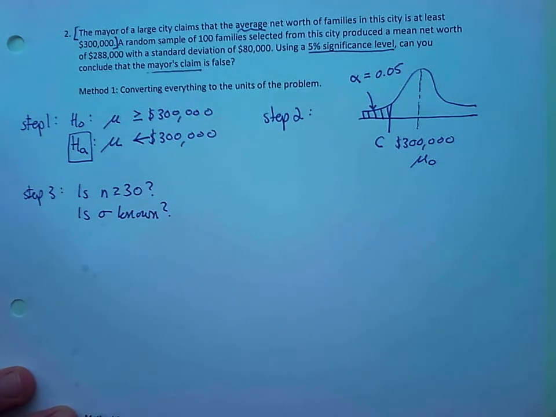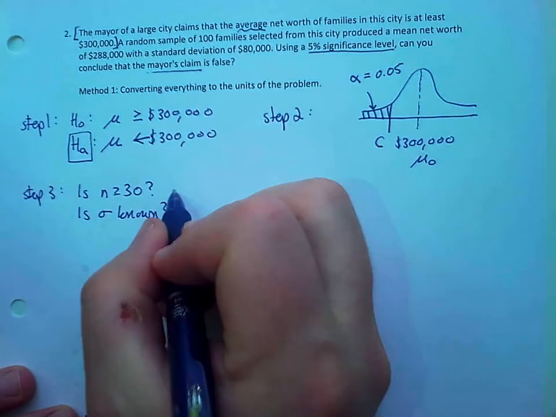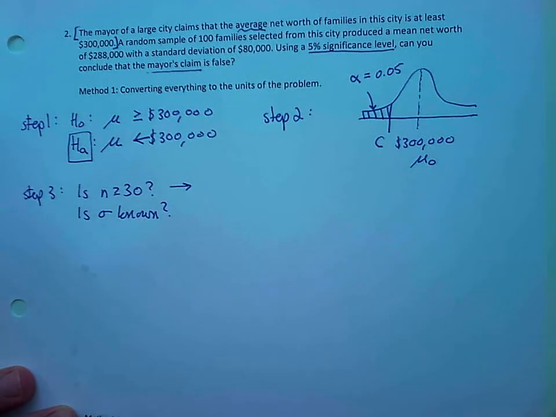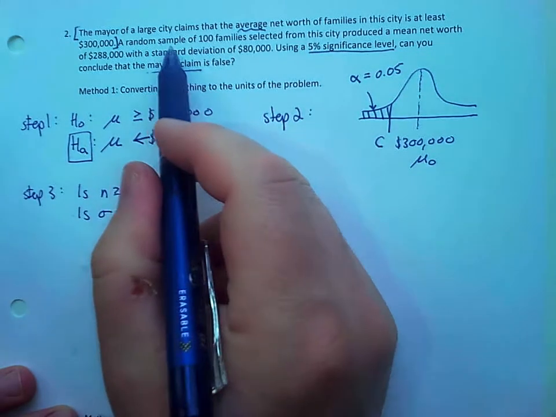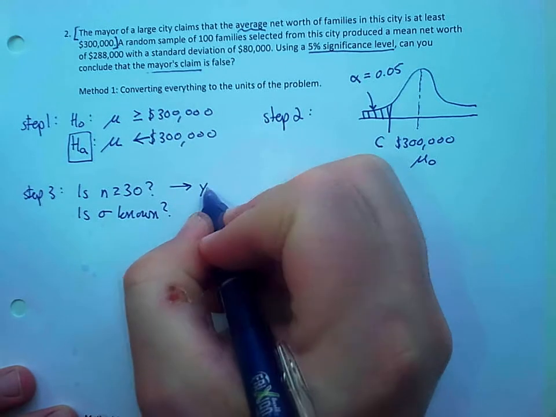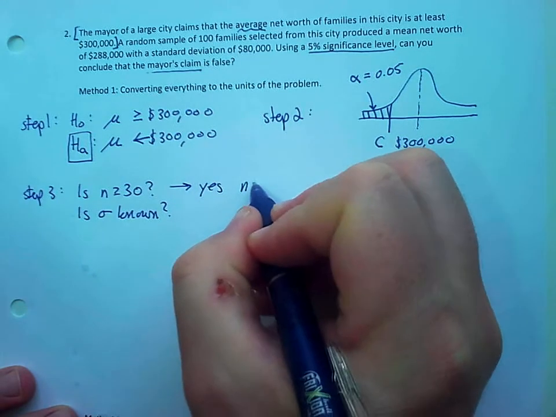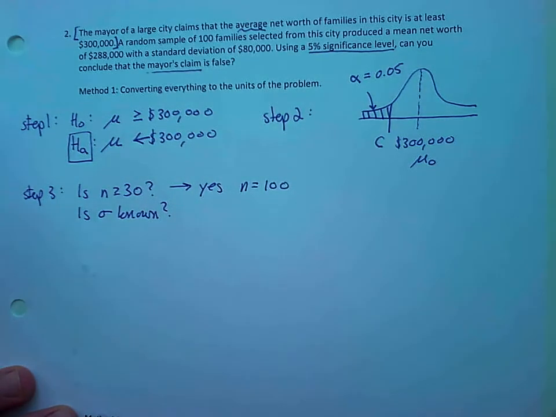So let's do it. Is n, our sample size, greater than or equal to 30? We have a random sample of 100 families, so therefore the answer to that question is yes, and that n is equal to 100. Do we know sigma?